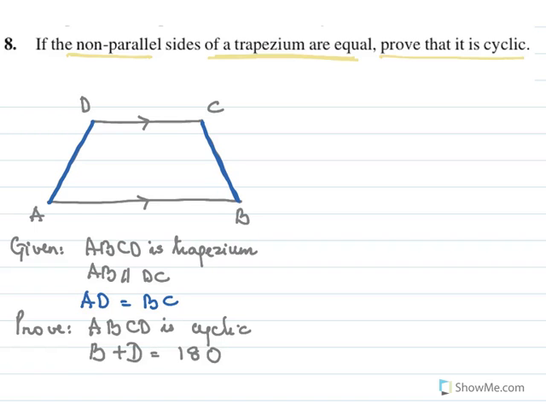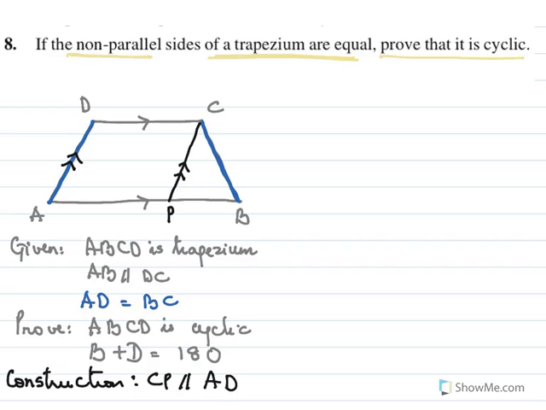Now to prove this we have to do a construction. We'll construct a point, call it P, such that CP is parallel to AD. So for construction we construct CP parallel to AD.